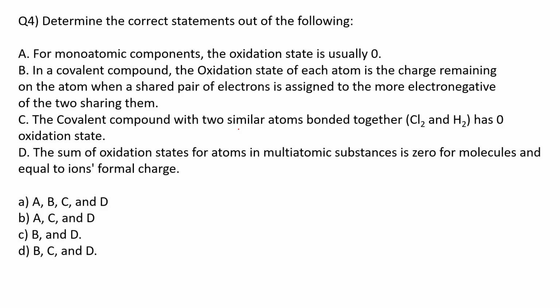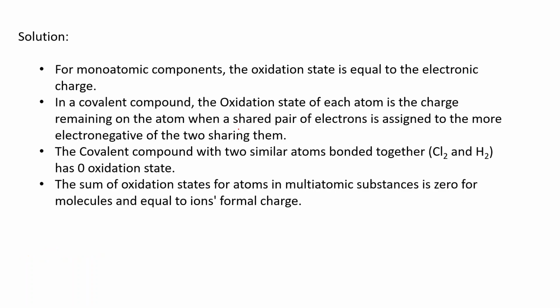So which of these options are correct in terms of oxidation states? We'll see the solution. So the solution is B, C and D. How? For a monoatomic compound, the oxidation state is equal to the electronic charge. Like if I write Cl, Cl is -1. So these are monoatomic. One atom is there, but the oxidation state is equal to the electronic charge.